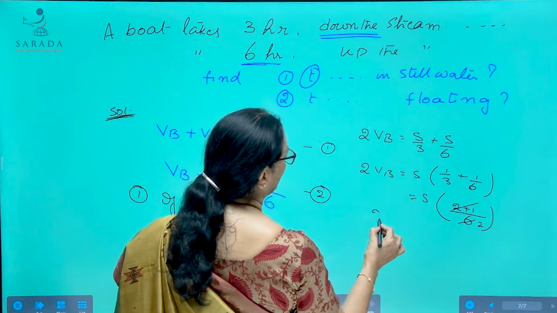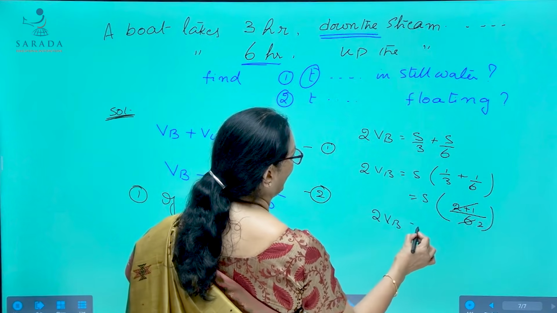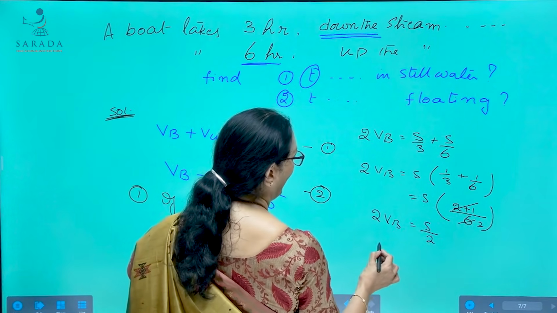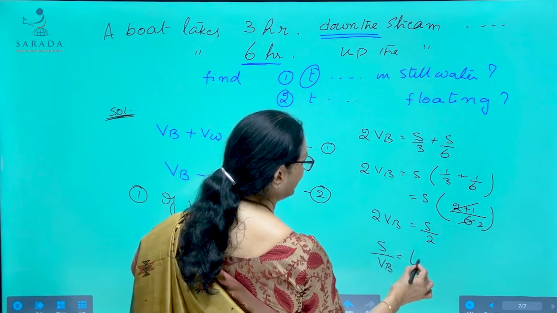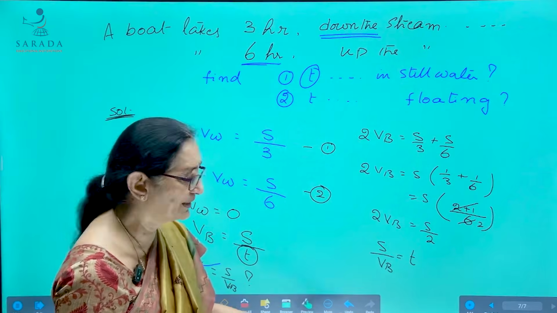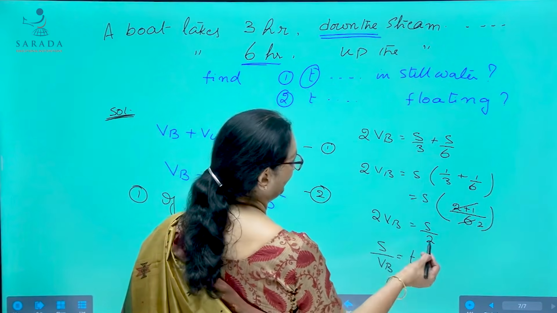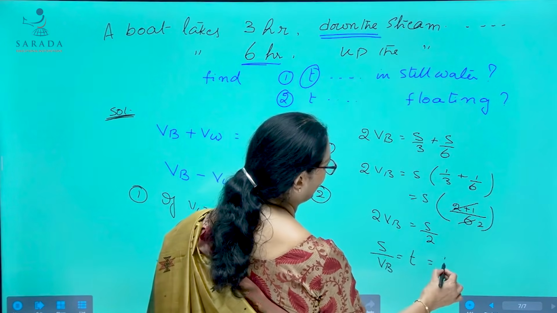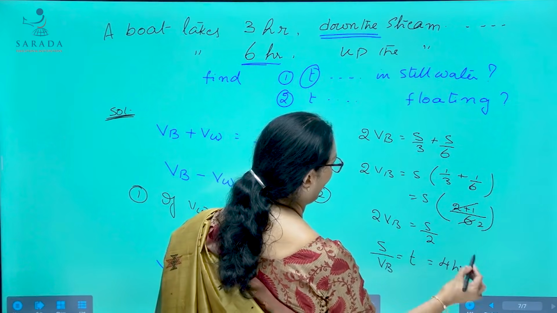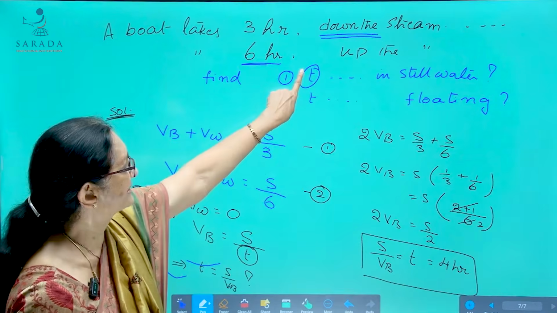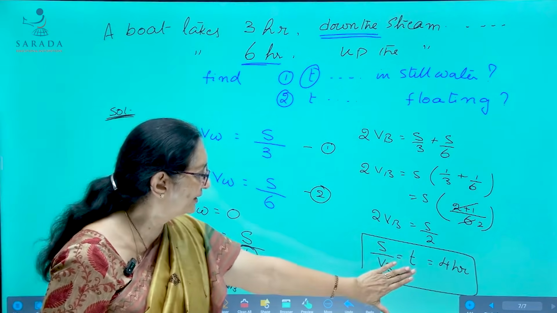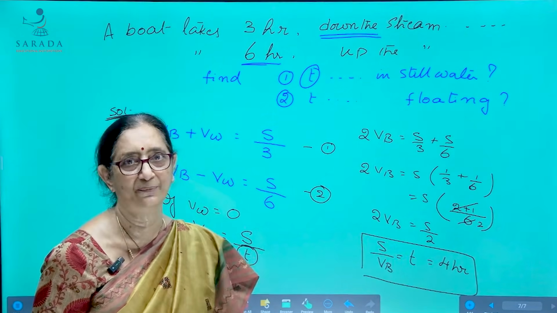So 2VB is equal to S by 2, and S by VB, the time taken to cover the same distance in still water, on applying cross multiplication, is 4 hours. That is the answer. So to cover the same distance in still water, the boat takes 4 hours.